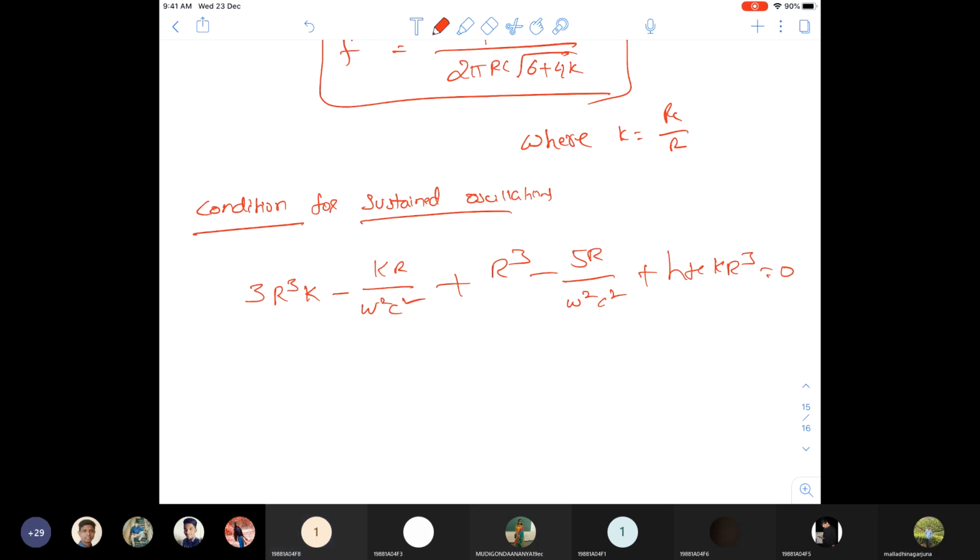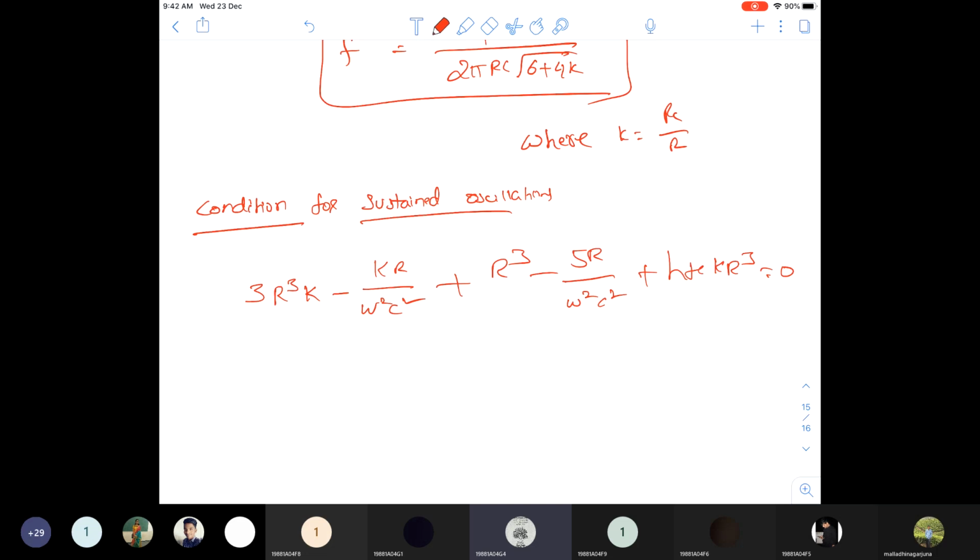Equation for the condition for sustained oscillations for RC oscillators. Yes, sir. Equation.